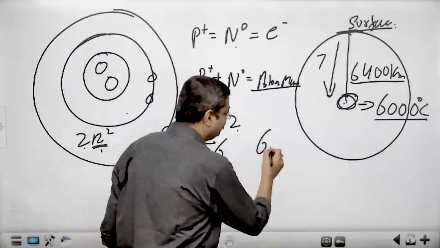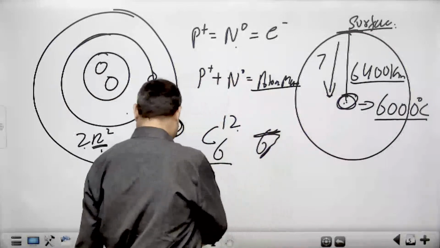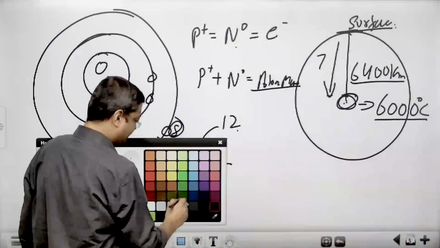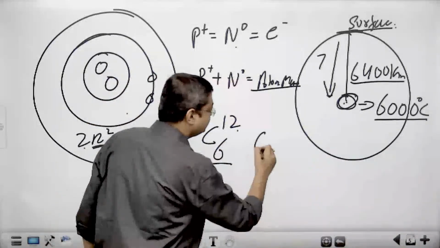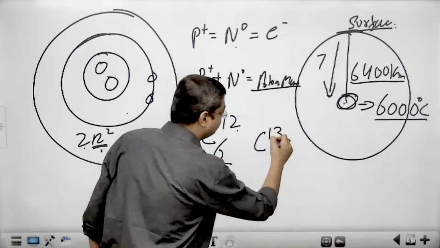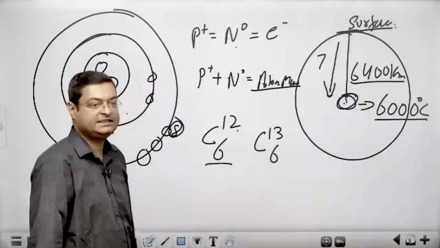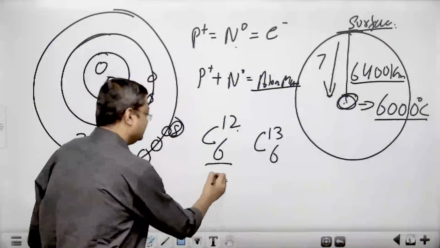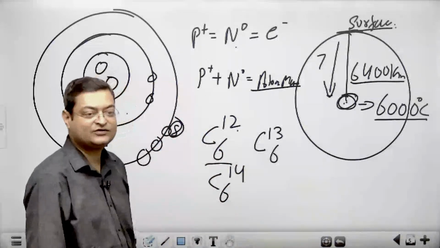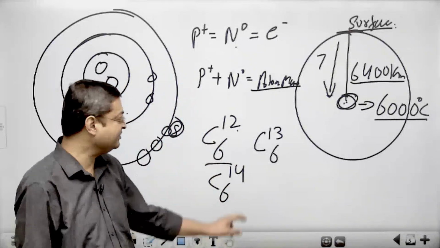Now, if I say C-6-13, C-6-14, and so on, then what is happening?